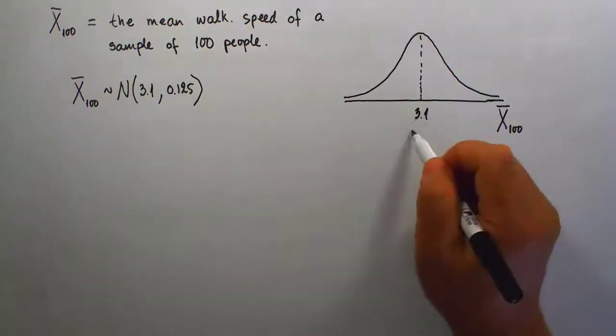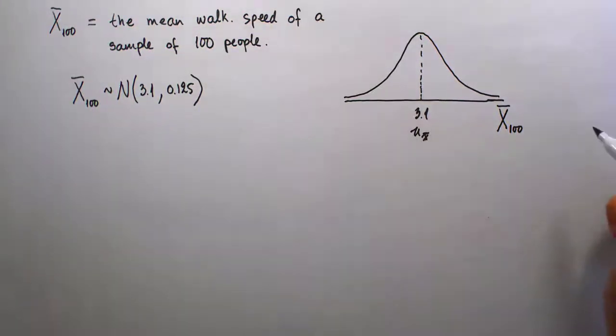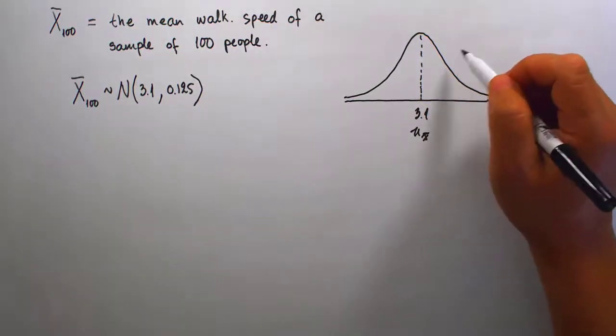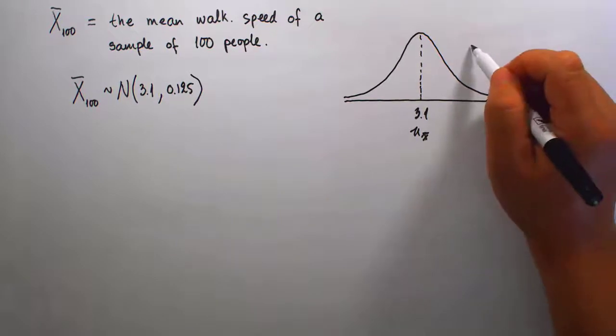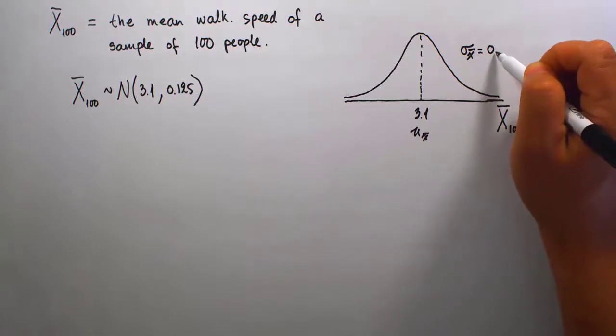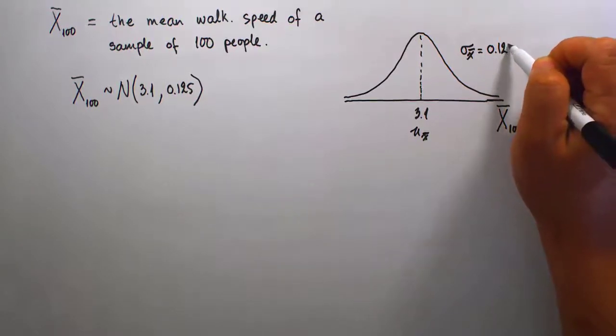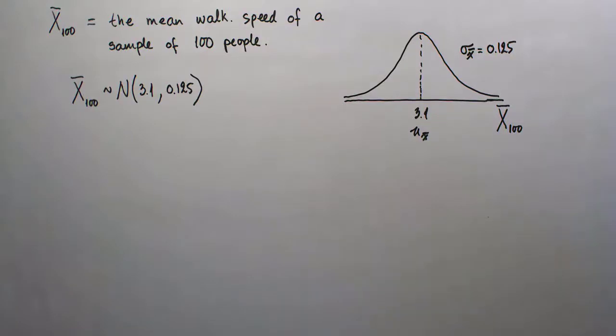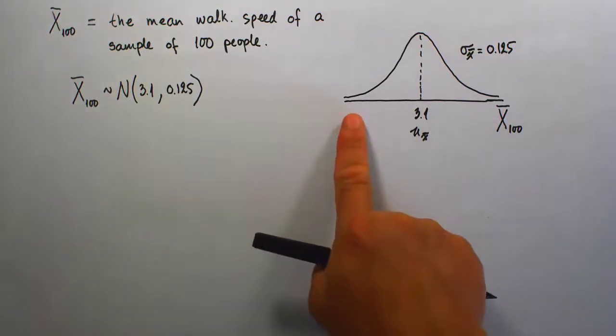So this is mu X bar. And our sampling distribution has this bell curve, this PDF, with a sigma value, symbolically sigma X bar, of 0.125.